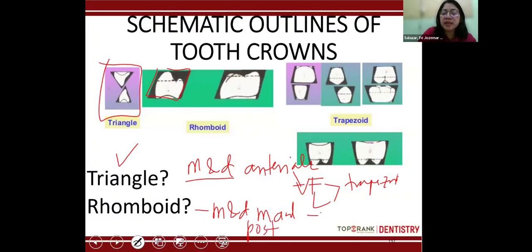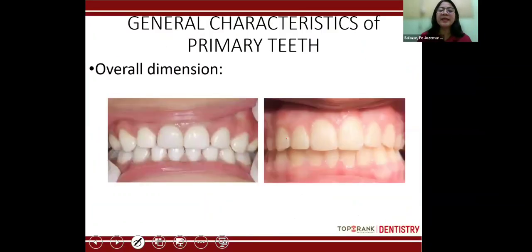Okay? So meaning, yung kanilang facial at lingual, ay a trapezoid shape pa rin. Okay? So lahat ng facial at lingual trapezoid, ang mag-iiba-iba lang yung mesial at distal. Pag anteriors, triangle. Pag mandibular posteriors, rhomboid. Pag maxillary posteriors, trapezoid.